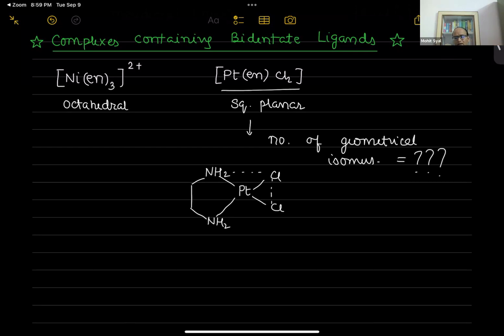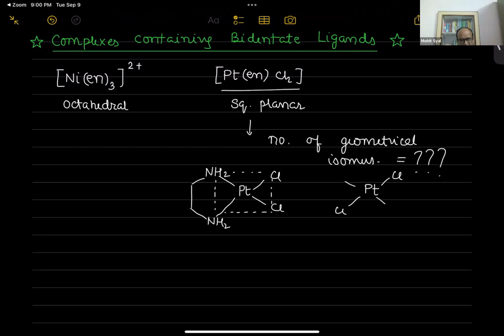This is ethene 1,2-diamine. This is a square planar complex. You can demarcate the boundaries by a dotted line, and two Cl are there. And this is cis, okay? And this is what you said, how will the trans be, right? Cl.